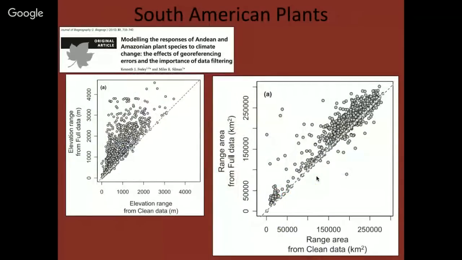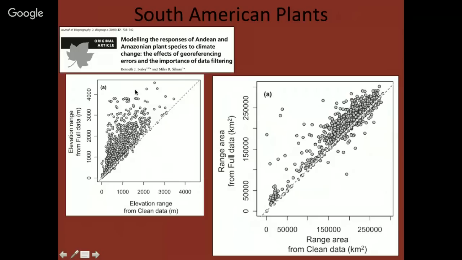Here's an example regarding Andean and Amazonian plant species in terms of the effects of georeferencing error and the importance of filtering the data. The authors did some very interesting explorations where they compared elevational ranges. This is this left-hand panel. Elevational ranges using all of the data, and elevational ranges when they cleaned up the data. And what you can see is that the uncleaned data overestimated the elevational ranges.